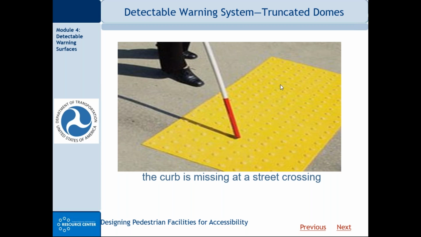And because low vision pedestrians can't see detail and rely on color contrast, notice the color doesn't have to be yellow, but the color needs to contrast with the background, the sidewalk itself.